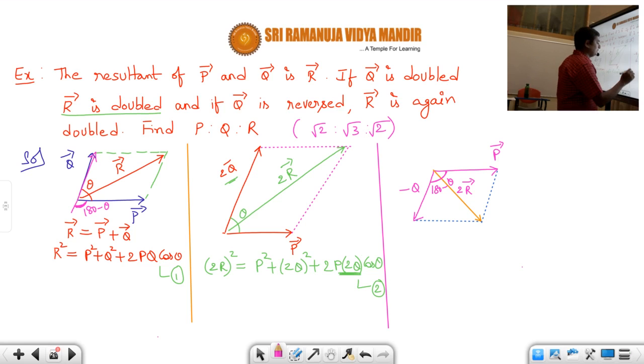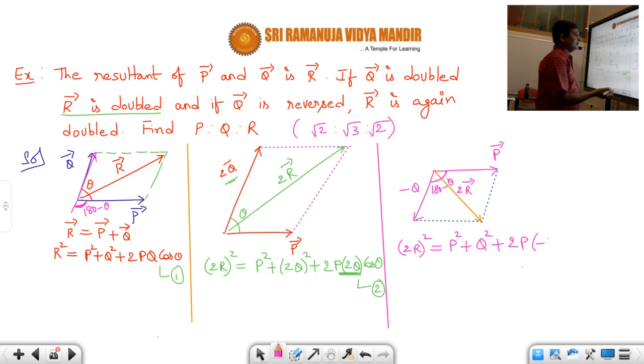So now here, students, how to write the equation? (2R) whole square is equal to P square plus Q square plus 2PQ. Now here you have to be careful whether you should write minus Q or plus Q, because already we have changed the direction, we just have to write the magnitude only.